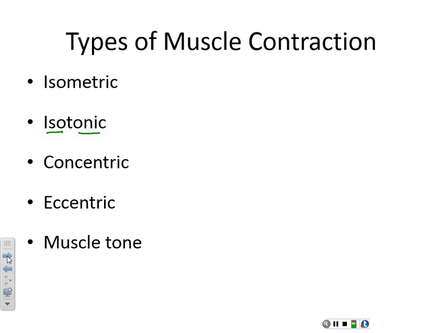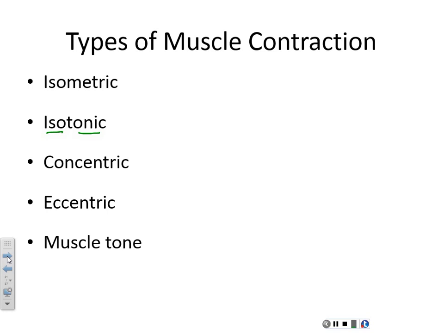So one example of an isotonic contraction is when you are doing a bicep curl. Because you're carrying a 5-pound weight, it's going to be the same tension, because it's the same 5-pound weight. But as you move the barbell or dumbbell up, the muscle is going to shorten. So that's a concentric isotonic contraction.